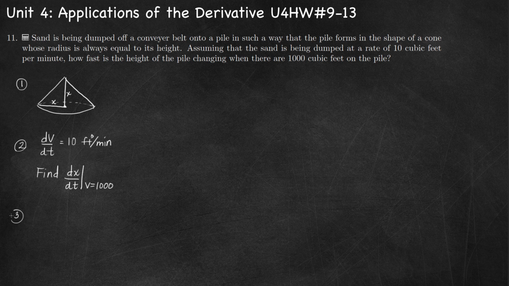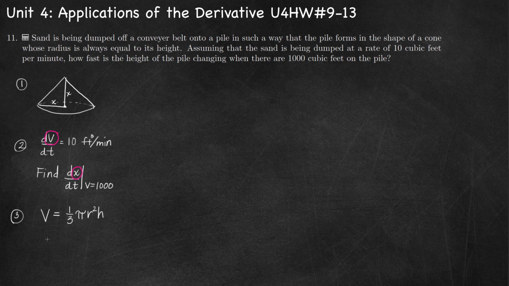So now we need an equation. Step 3, we need to come up with an equation that relates v and x. What equation do we know that relates v and x? The volume and, well, in this case, x is the radius and it's the height. Well, let's start with the volume of a cone. The formula for volume of a cone is v equals 1/3 pi radius squared times height.